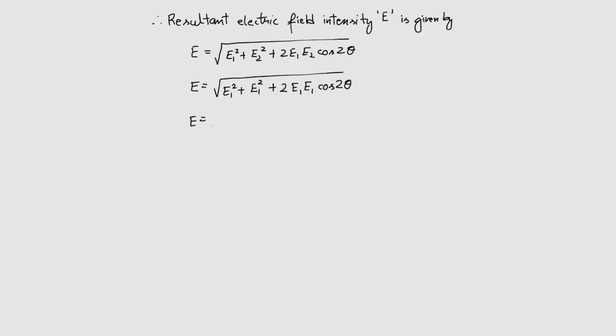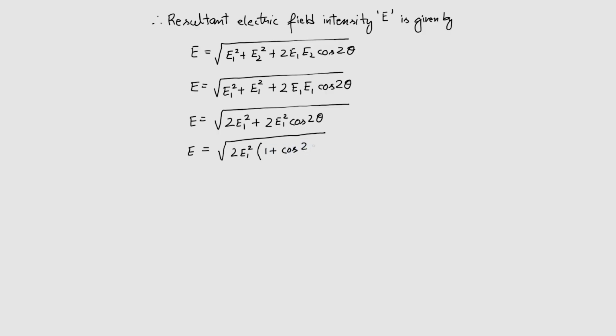So E is equal to root over 2E1 square plus 2E1 square cos 2 theta. Taking 2E1 square as common, in the bracket I am left with 1 plus cos 2 theta.